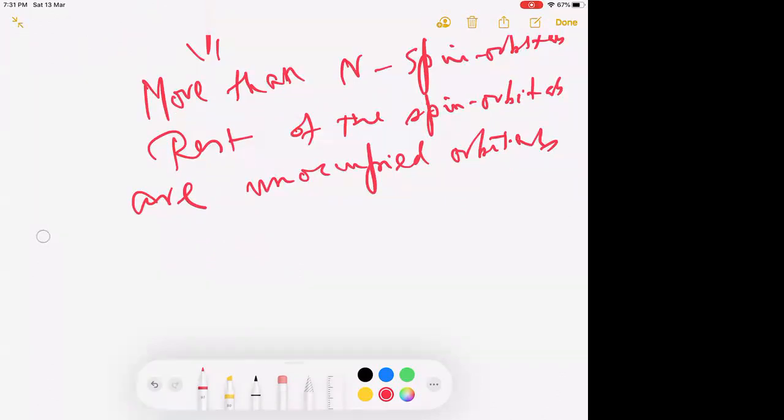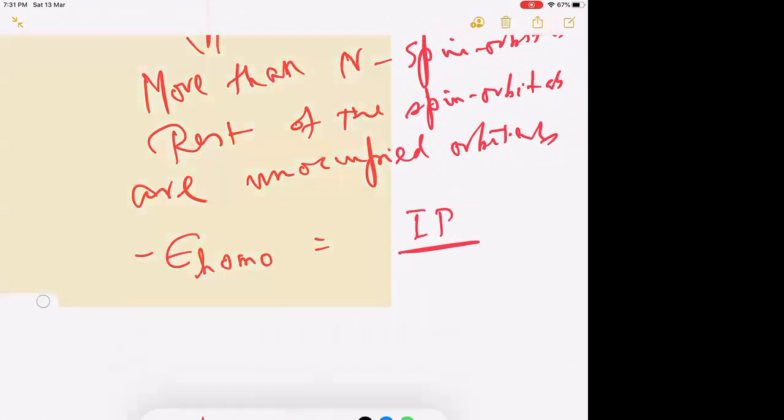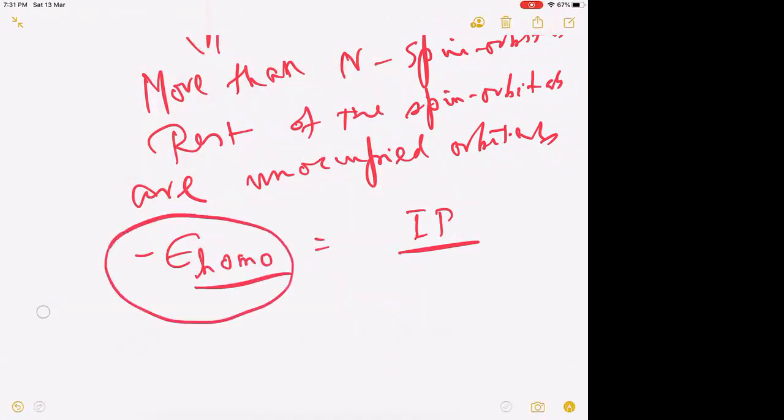And they have a very important theorem that if I take the negative of the highest occupied orbital, which is called the HOMO, this is called the lowest ionization potential. So if I want to ionize an electron easily, it will ionize from the HOMO, highest occupied orbital, and the negative of that orbital energy is going to be the IP, or ionization potential.